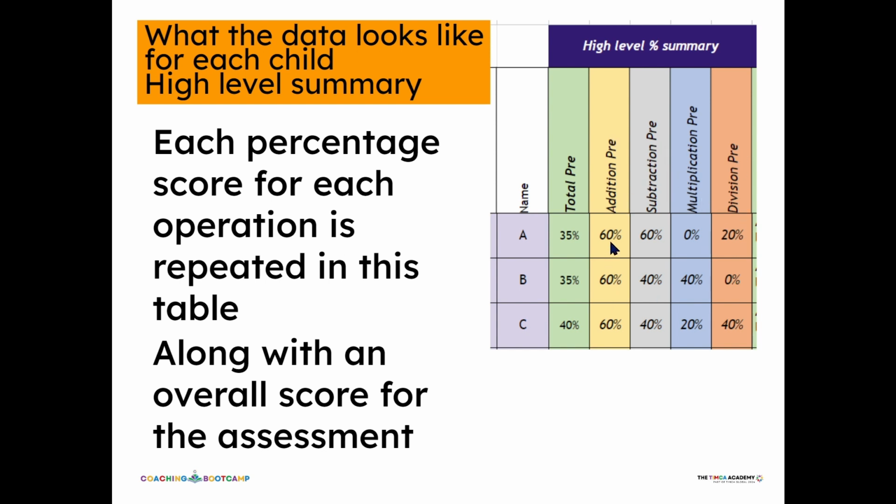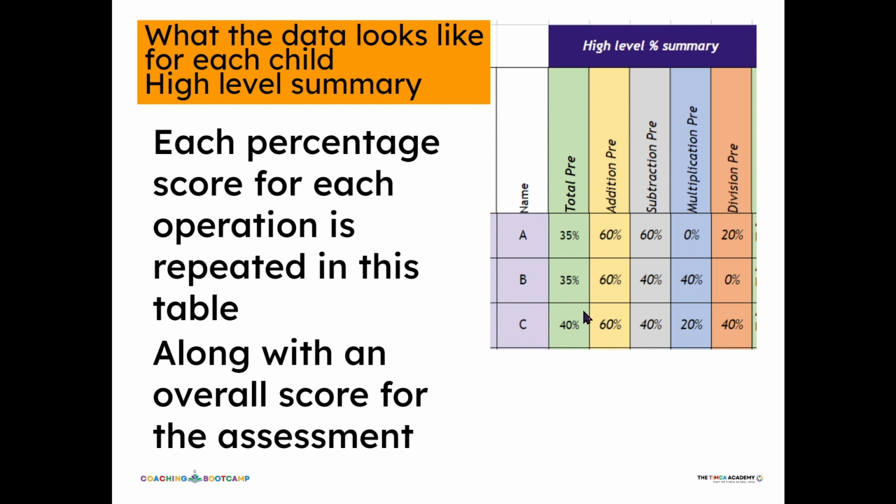So child A, 60% for addition, 60% for subtraction, 0 for multiplication, 20 for division. Child B, overall 35, 60% for addition, 40 for subtraction, 40 for multiplication, 0 for division. Child C, an overall of 40, 60 for addition, 40 for subtraction, 20 for multiplication, 40 for division.